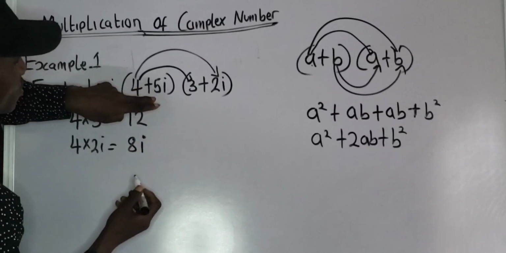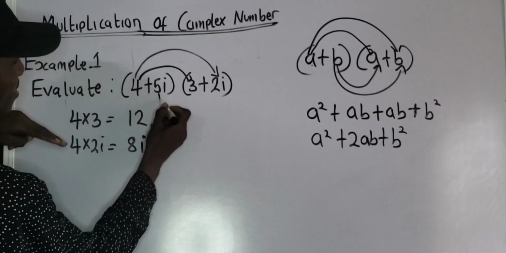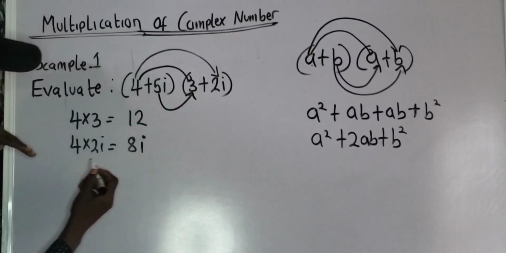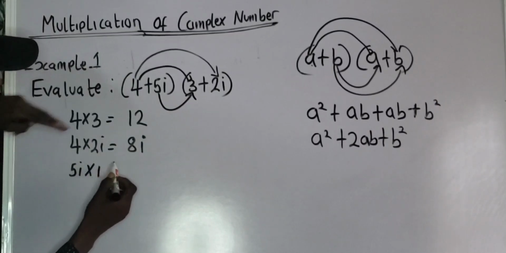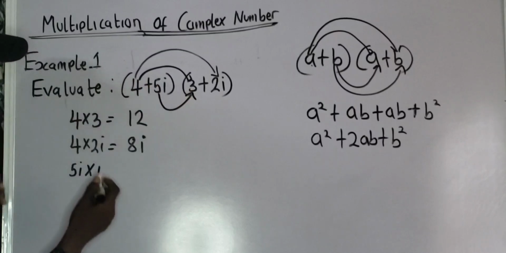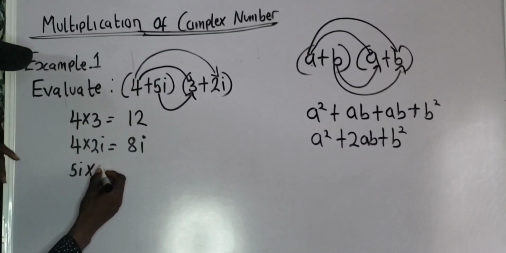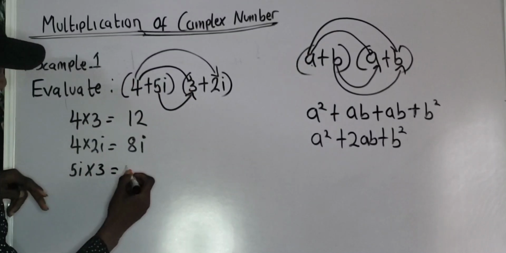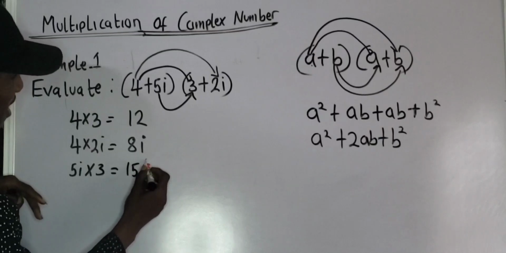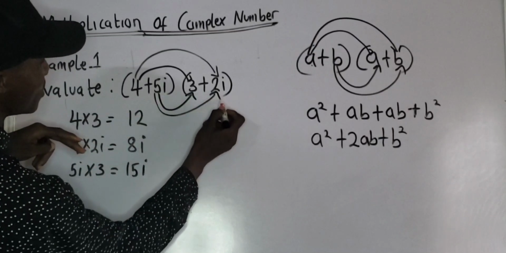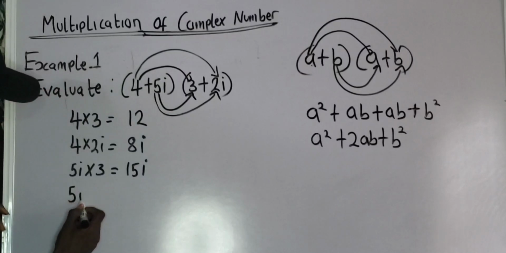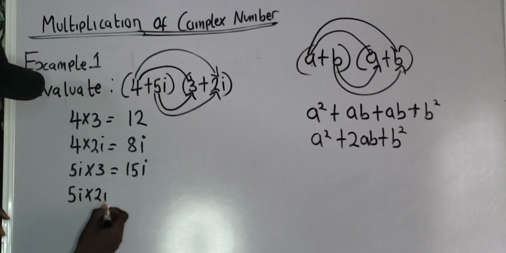So we are going to use the second element. 5i multiplied by, oh sorry, 5i multiplied by 3. So I'm going to have 15i. Then 5i multiplied by 2i.